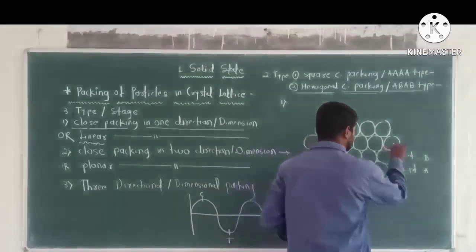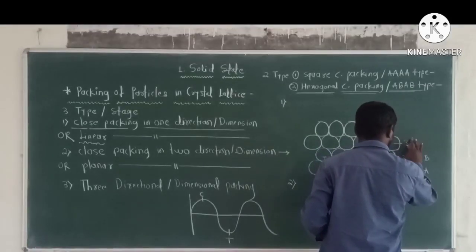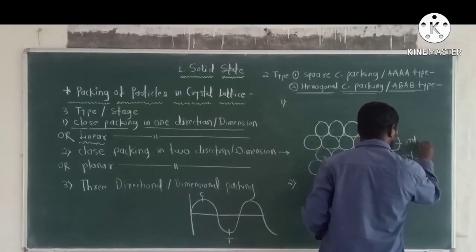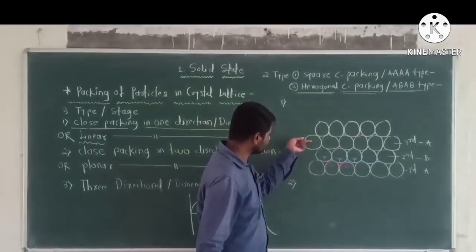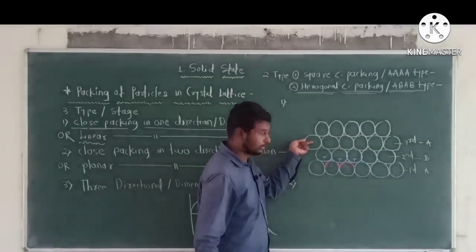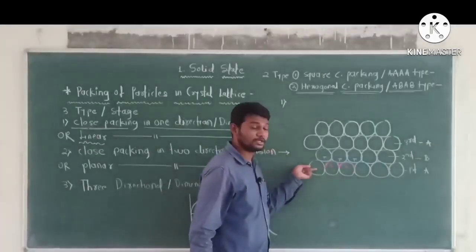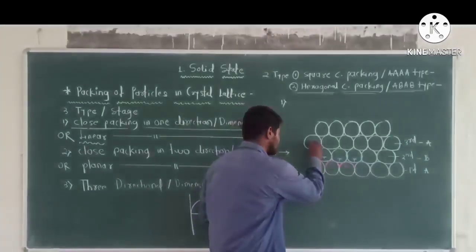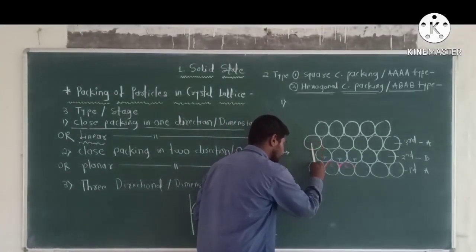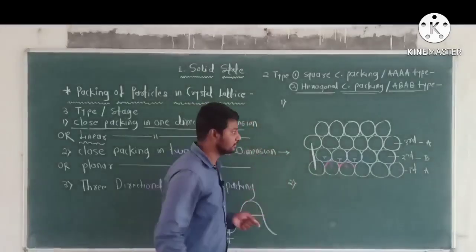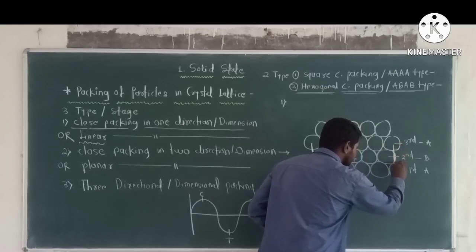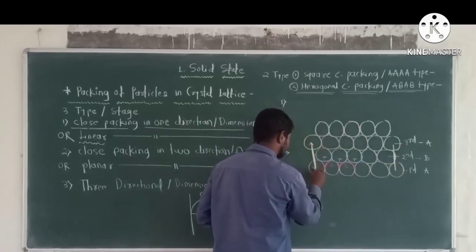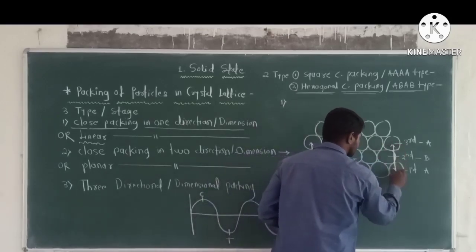While the third row is called A type, because the location of constituent particles of the third row and the first row is the same. Let's see, it is the same. Here also see, this is the same.